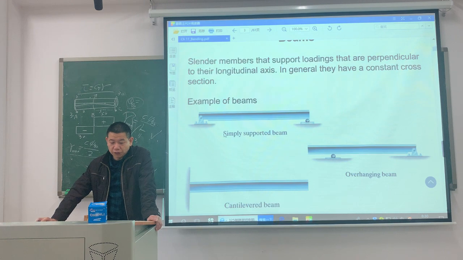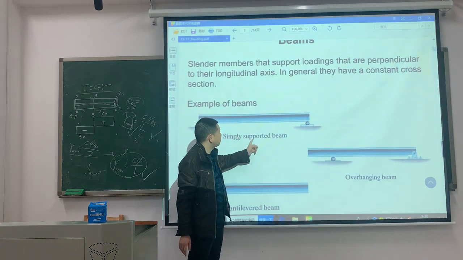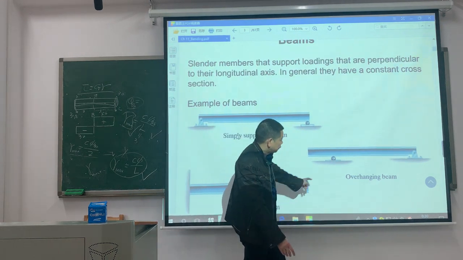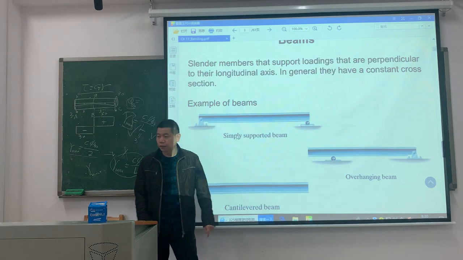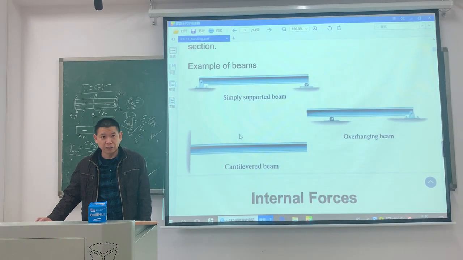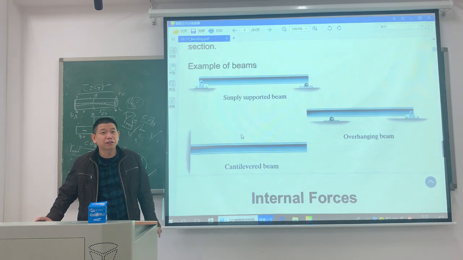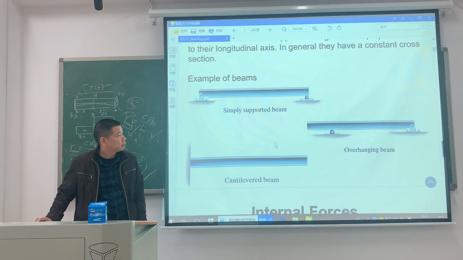We call it a simple support beam. This is an overhanging beam. What's the difference? You look at the figure, you can find the difference. This is the cantilever beam.